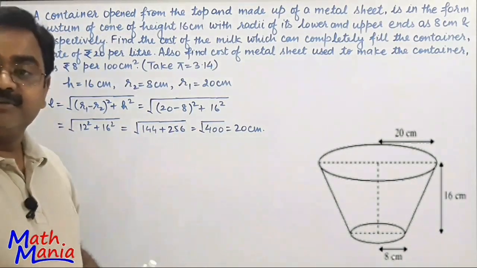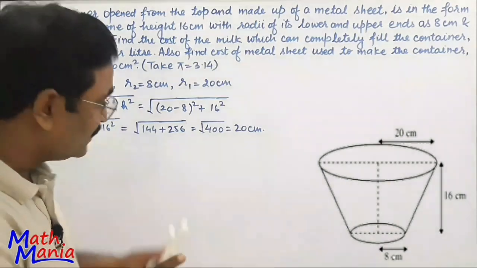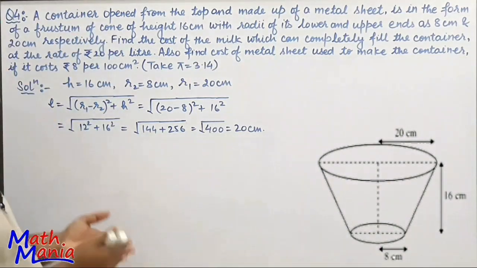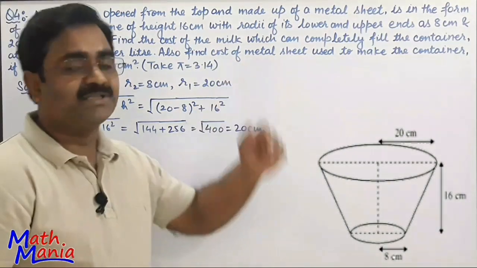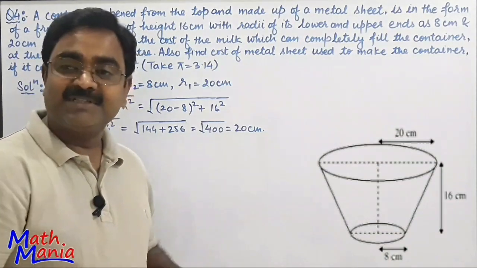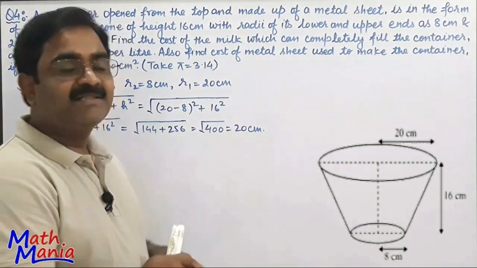After getting the measure of slant height, that is 20 centimeter, we can find the area of the metal sheet used in this container.